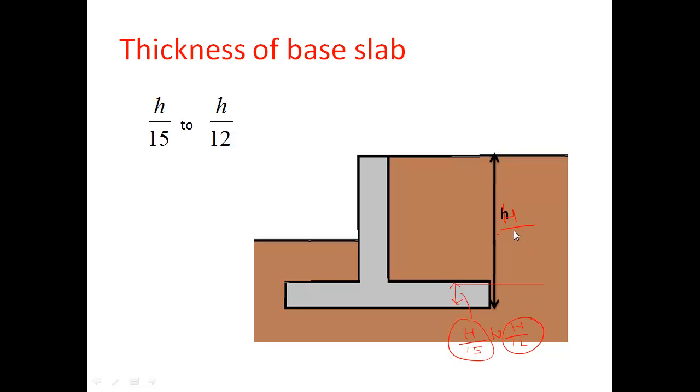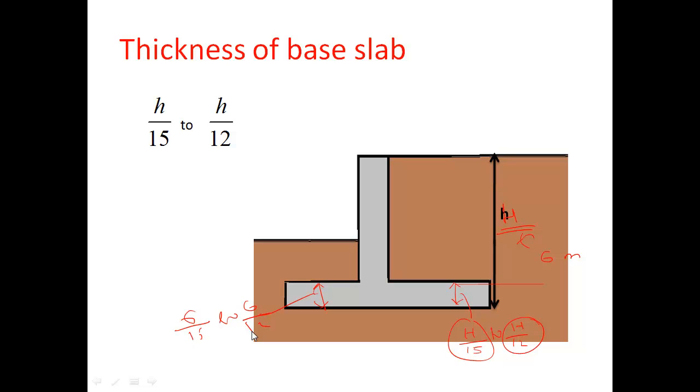If this capital H height is 6 meters, then the thickness of the base slab will be between 6 by 15 and 6 by 12. We can assume a higher value, but then we have to check for stability.